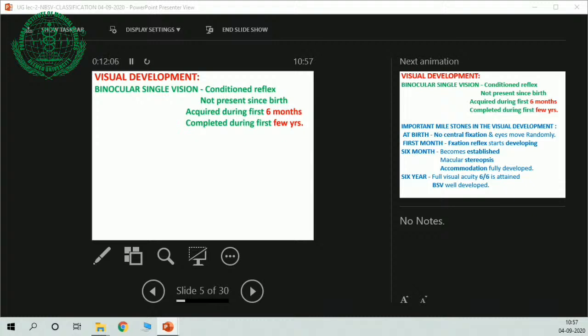Now a few words about visual development, because today's topic is classification of squint. Try to understand first, because binocular single vision is not there in squint. That is a very basic thing. So you should understand binocular single vision and its importance.